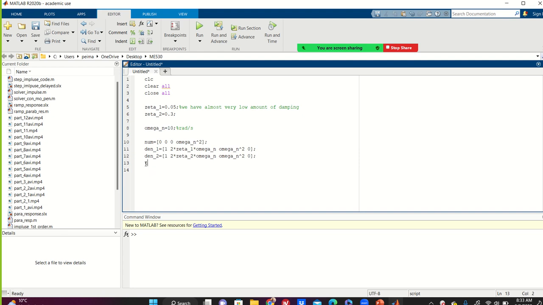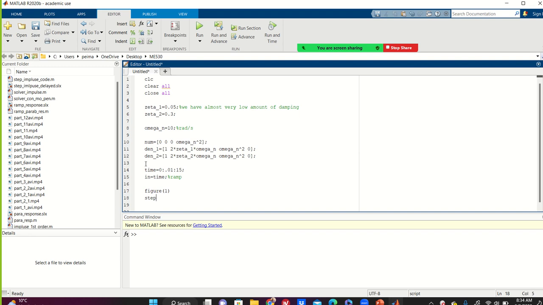Then figure 1. First let time, because I have to plot the ramp. Time equals 0.01 to 15 seconds, and the input to the system y is time, the ramp. So it's going to be figure 1.